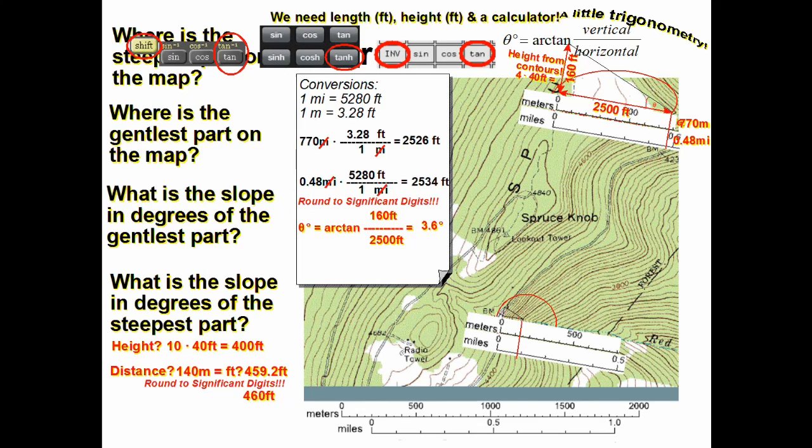Alright then, what is my angle on the steepest part? Arctangent of the ratio of 400 foot elevation divided by 460 foot of distance, which gives me a steep angle of 41 degrees, almost 45 degrees, which is of course much steeper than the angle we have calculated in the gentle part.